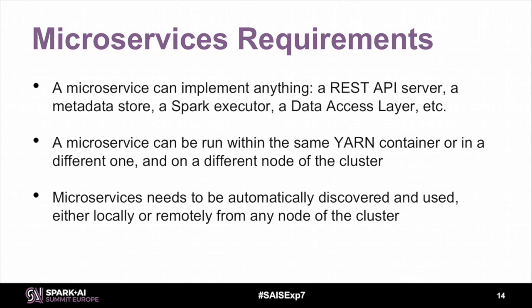So a microservice can implement any functionality. It can be a REST API server, it can be a metadata store interacting with the metadata manager, or it can be a Spark executor. So at this point, the Spark context becomes just another service that the user can interact with. A microservice can run within the same YARN container, as I said before, or across multiple YARN containers.